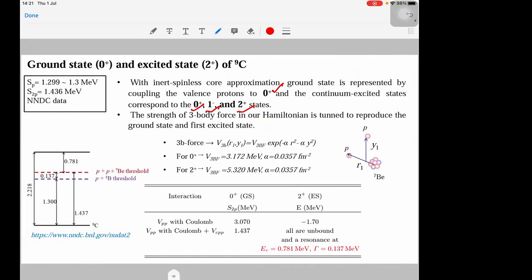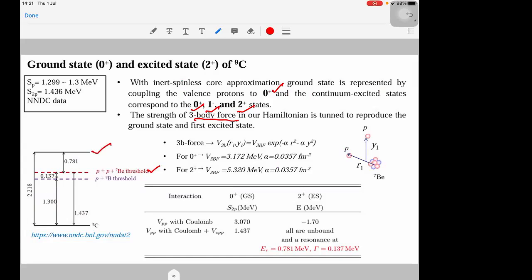Now, the only free parameter in our framework is the strength of the 3-body force in our Hamiltonian. So we tune this three-body force strength to reproduce the ground state, that is the three-body threshold, as well as the first excited state.